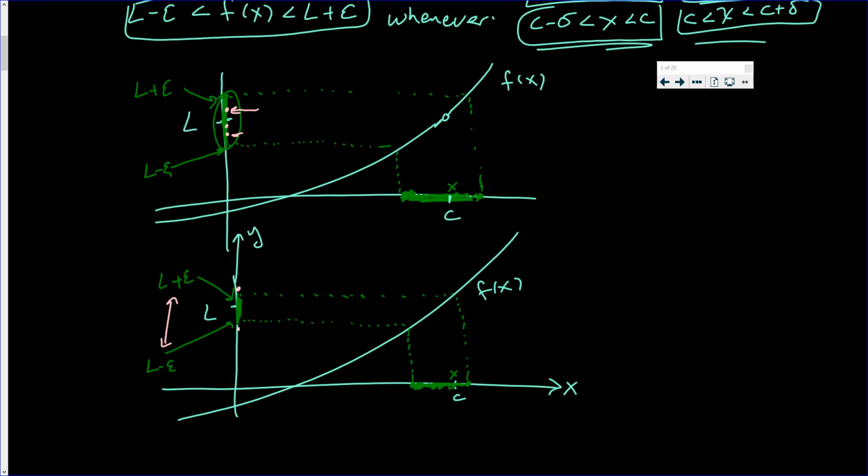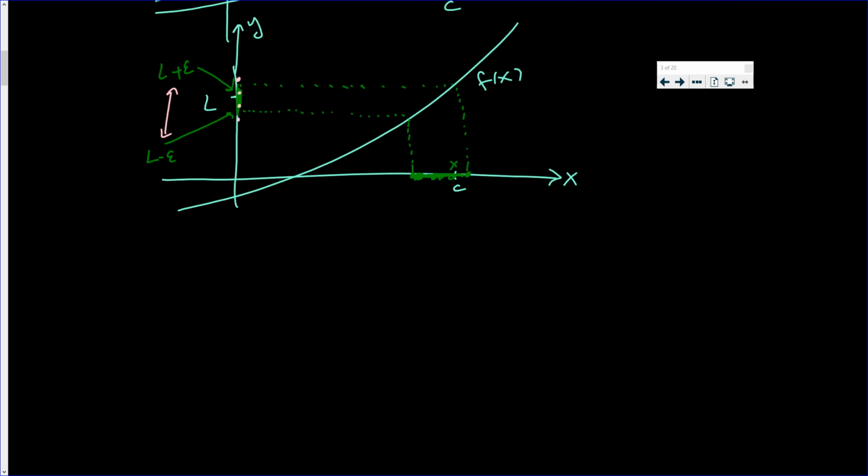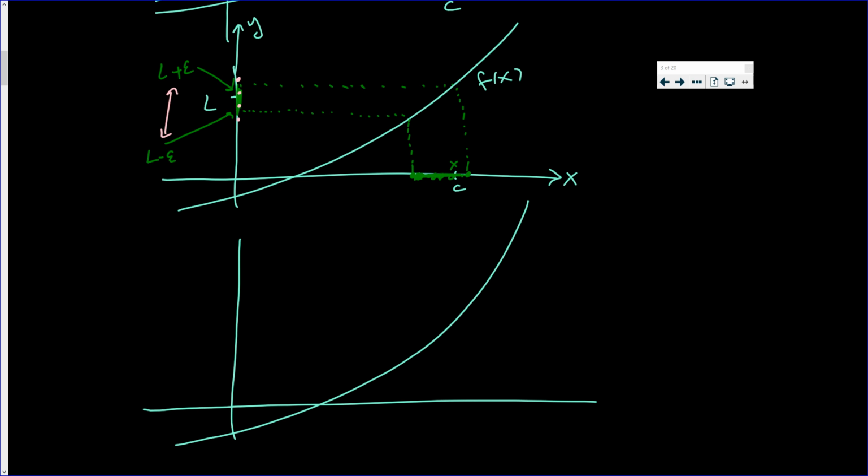Well, you can argue again, hey, come on, why can't the limit be that number? Yeah, absolutely right. You're absolutely right. Good going. So what I'm going to do is draw the same graph all over again.